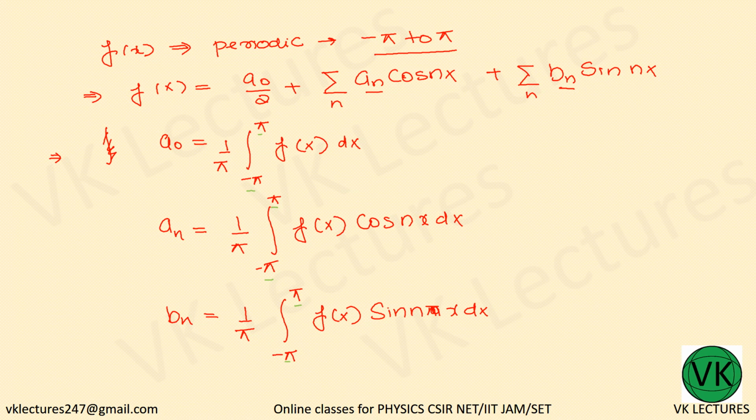Now since the limits are even, if f of x is an odd function and the limits are even, then a naught value will be equal to 0.